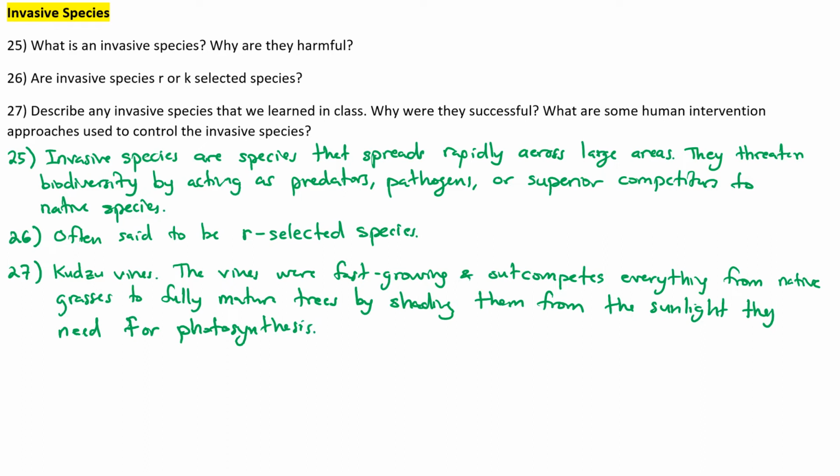So, ways to control this invasive species would be to cut, graze, dig the vines out.